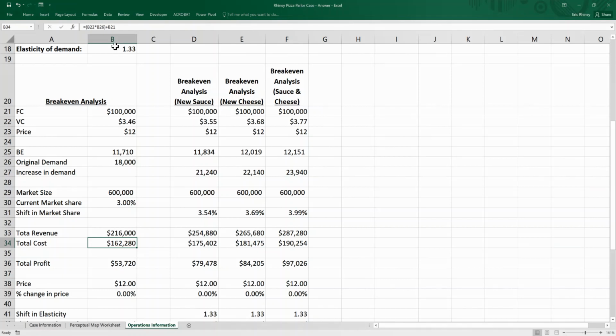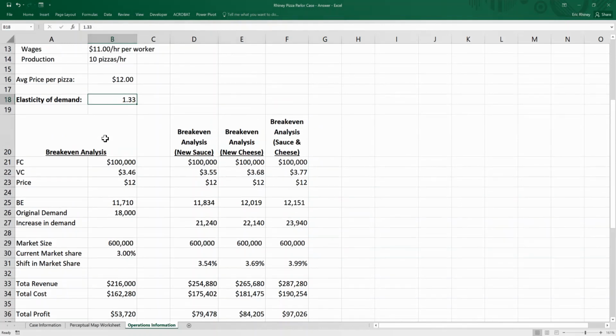Now, we know our elasticity of demand is 1.33. What this means is that for every 1% change in price, we expect a 1.33% change in demand. And I'm saying a change in demand because we know price and demand are inversely related. So if price goes down by 1%, we expect a 1.33% increase in demand.